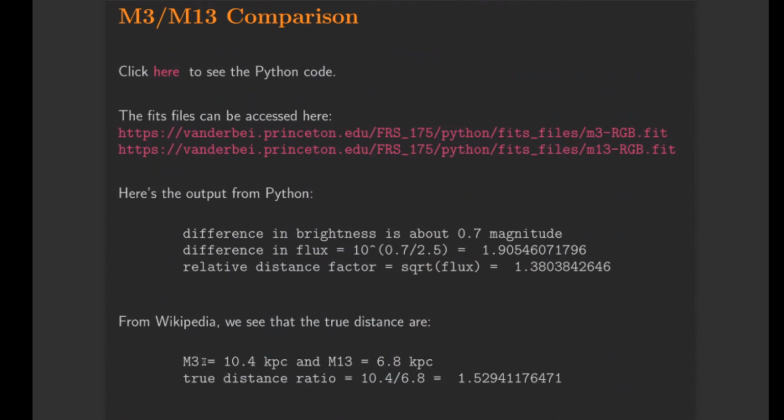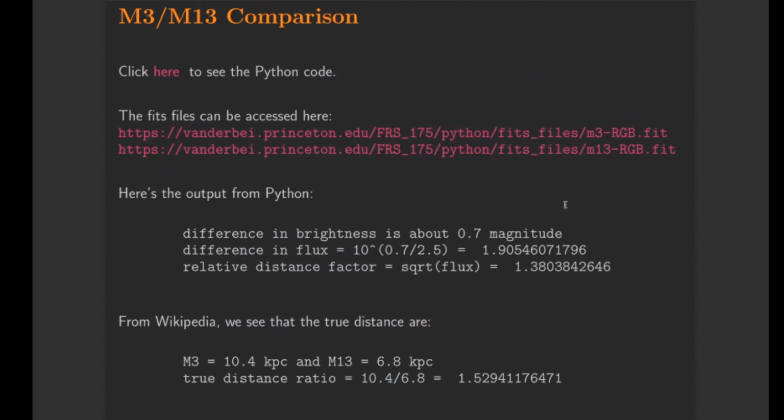And if we relate M3 to M13, M13 is the brighter one, so M13 is the closer one. And we know that M13 is about 6.8 kiloparsecs. Again, I'm going back from light years down to parsecs. 6.8, 10.4. These are the known things. When you go to Wikipedia for these two globular clusters, those are known numbers. You take the ratio of those two numbers, you get 1.5. And I got roughly 1.4 just from those two things.